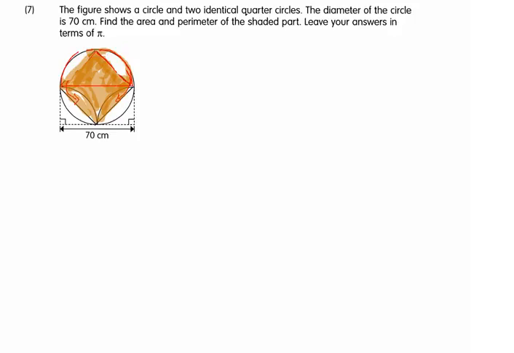Okay, so here, right, is 70. This is 70, right? Correct, because it's the diameter. And here, because it's the radius, is 35, right? So you have half times 70 times 35.